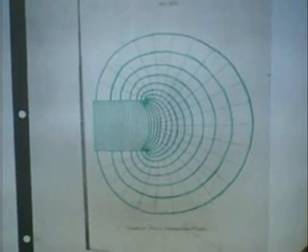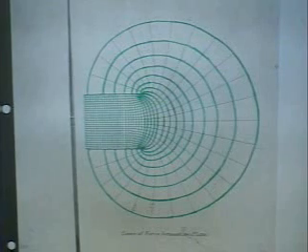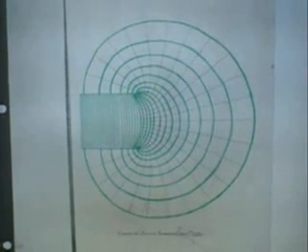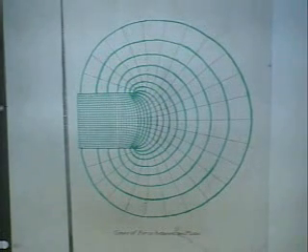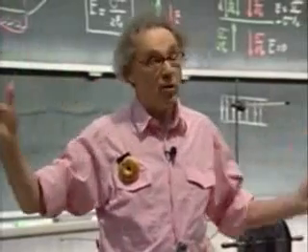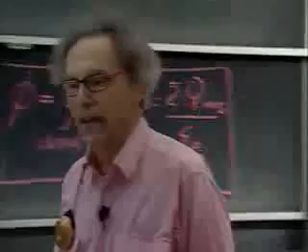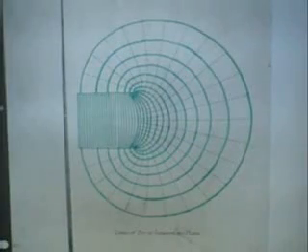And what you see is an extremely strong field inside the two plates. Remember that the density of field lines tells you something about the strength of the field. Very strong field, but when you get near the edge, the field is not really 0. The field strength drops very rapidly because, look, the density is very low, but it is not 0, and the electric field is not 0 here either, and is not 0 there.